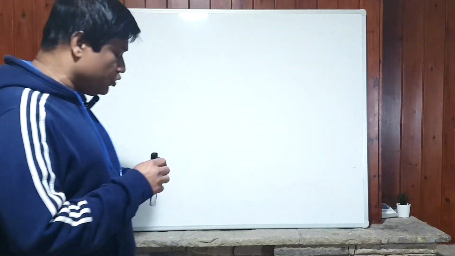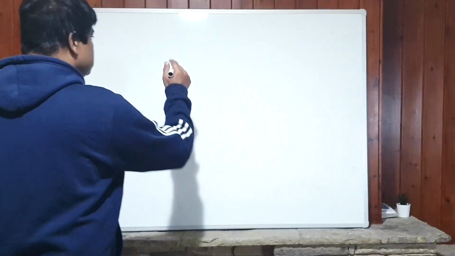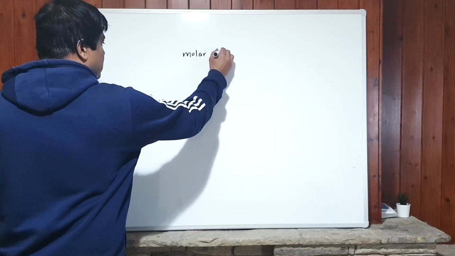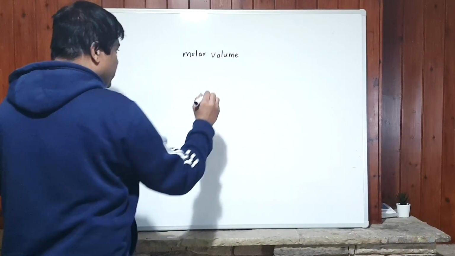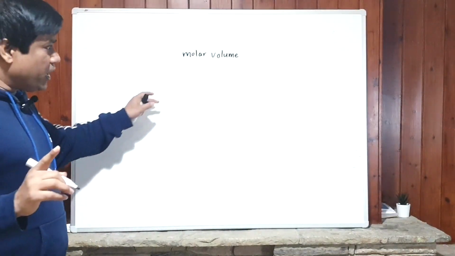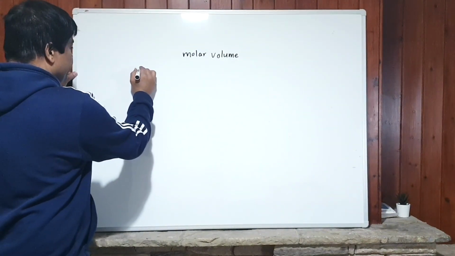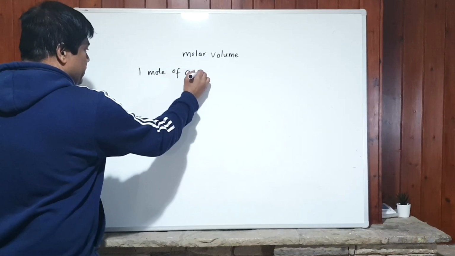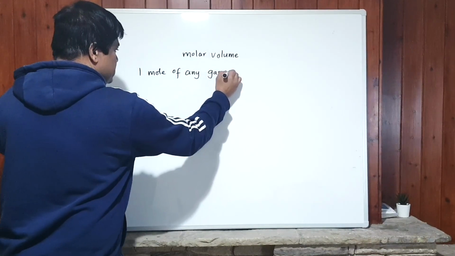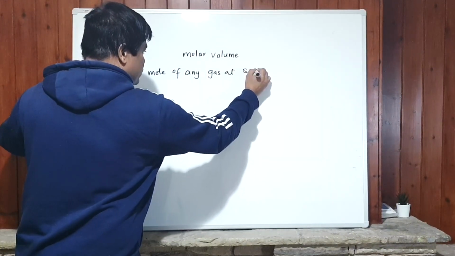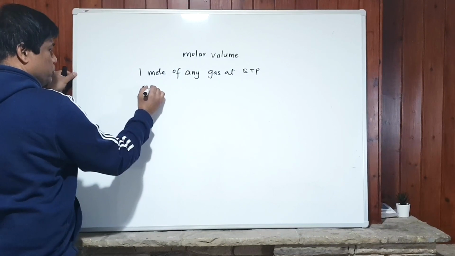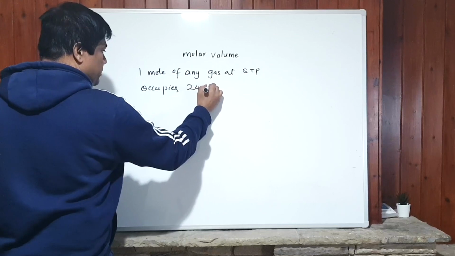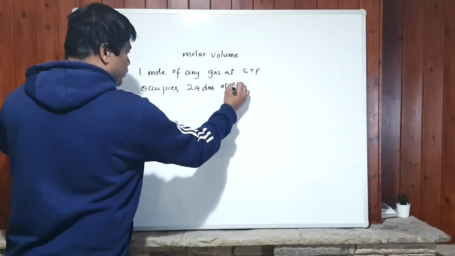Let's start with molar volume first. So we know that 1 mole of any gas at STP, I will tell you the meaning of STP, occupies 24 dm cube of volume.